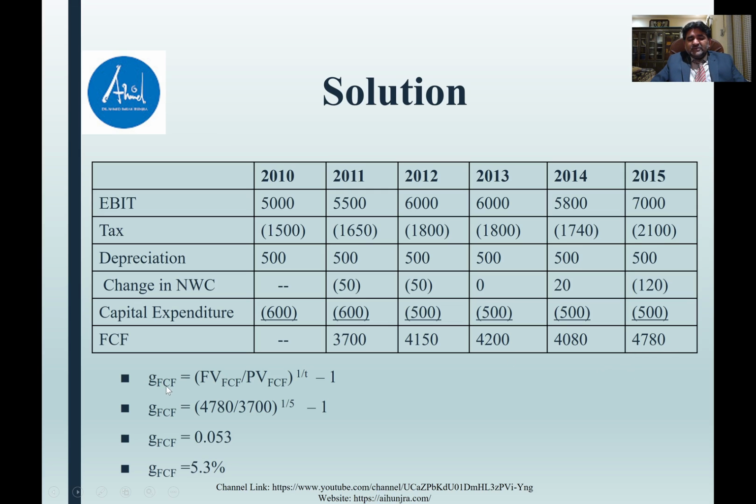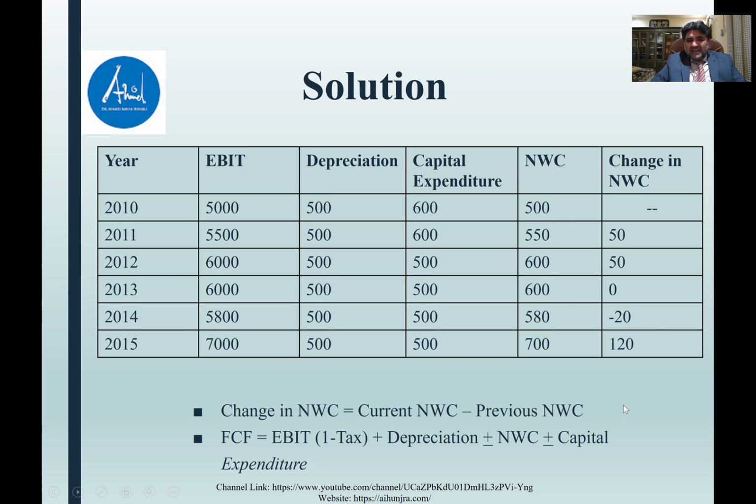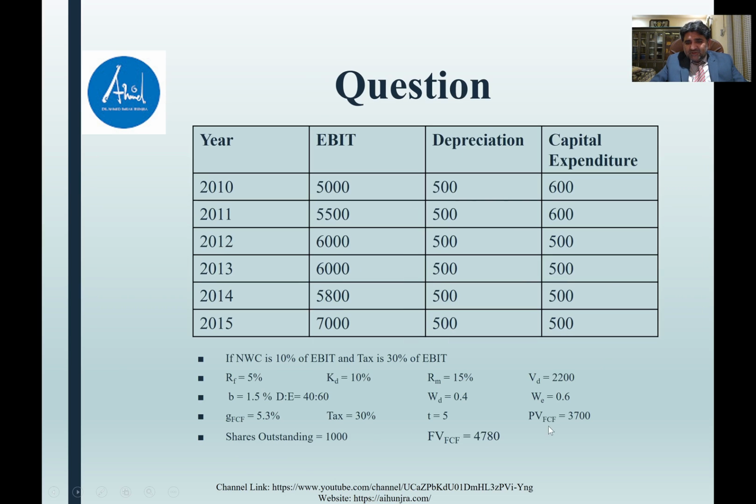So the growth rate of free cash flow formula is, as we know, the future value of free cash flow over the present value of free cash flow. This is free cash flow. The present value is 3700, and the future value of free cash flow is 4780. That's why I put these values here.